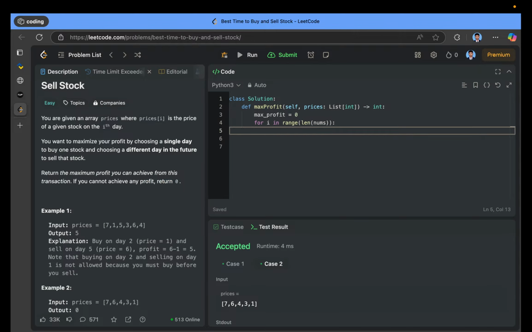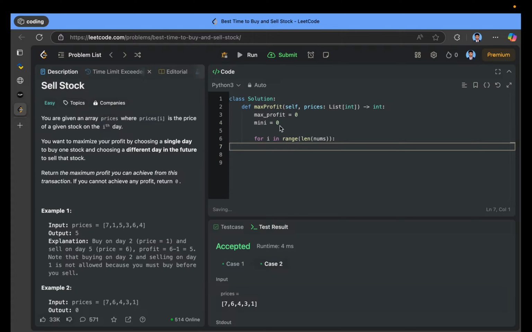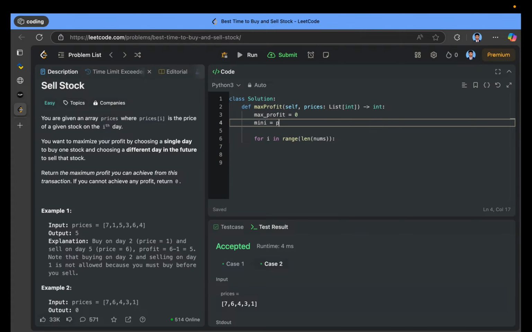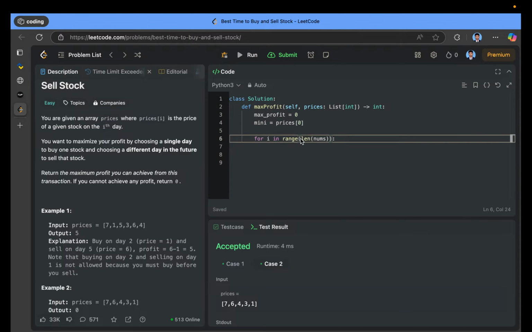And now what I have to do, I have to find, I think, the minimum number. Let's go with mini 0. No, mini is the first price. Price is 0. And then if I have price 0, I should start with 1.